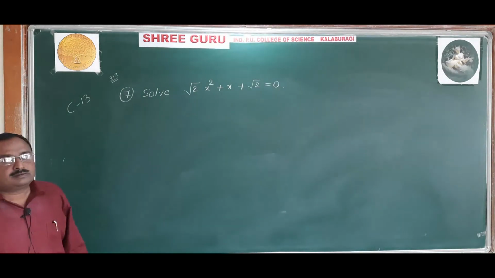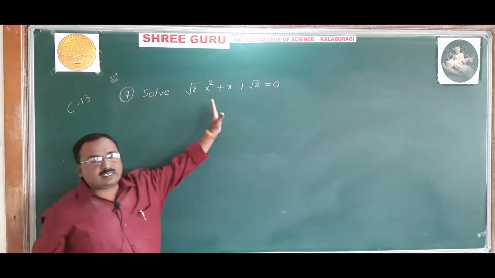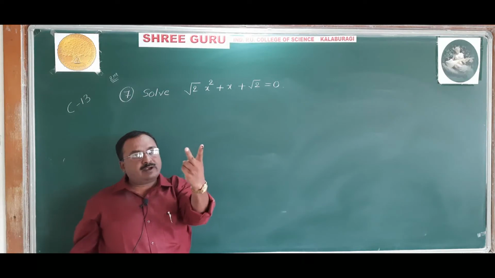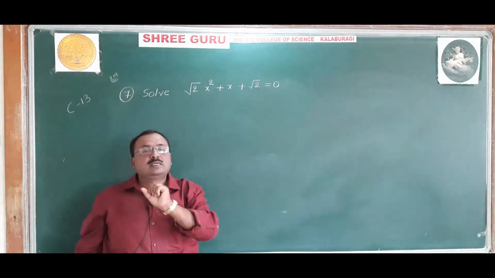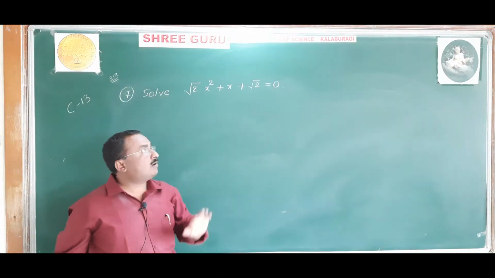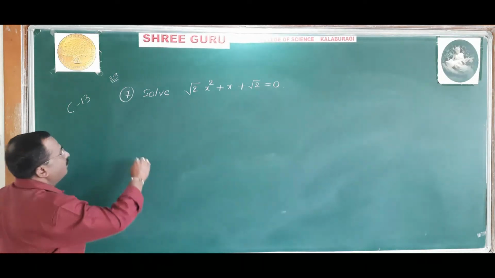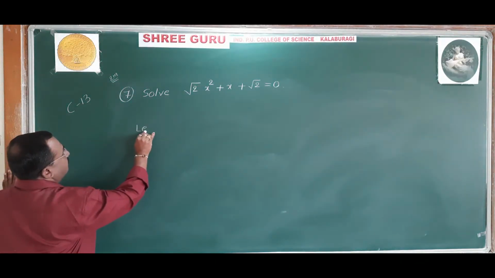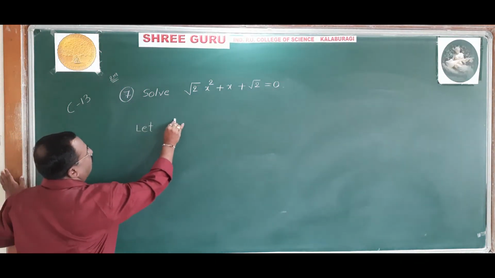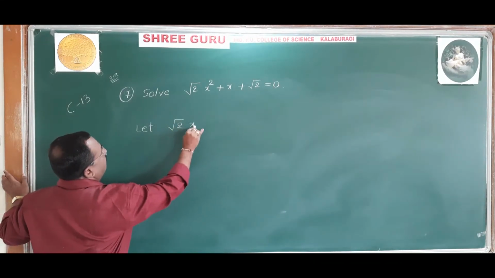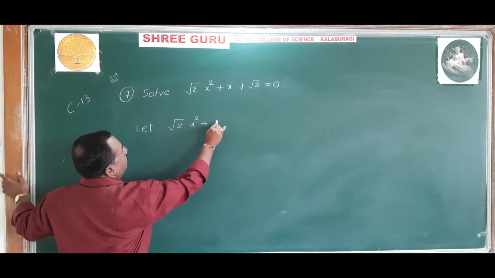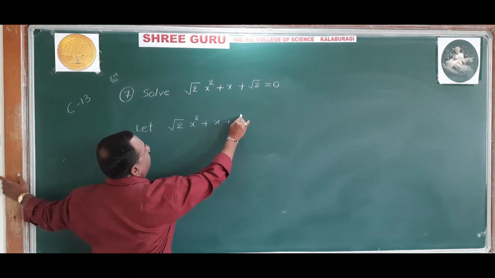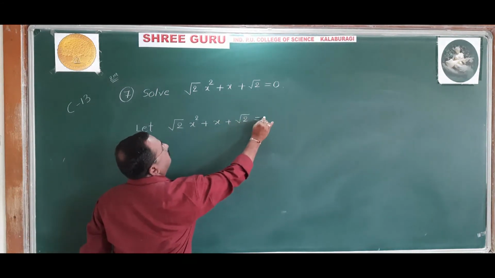Solve this one. This is a quadratic equation, degree 2, so it has exactly 2 roots. This is non-factorizable, so by using the formula, let root 2 x square plus x plus root 2 is equal to 0.